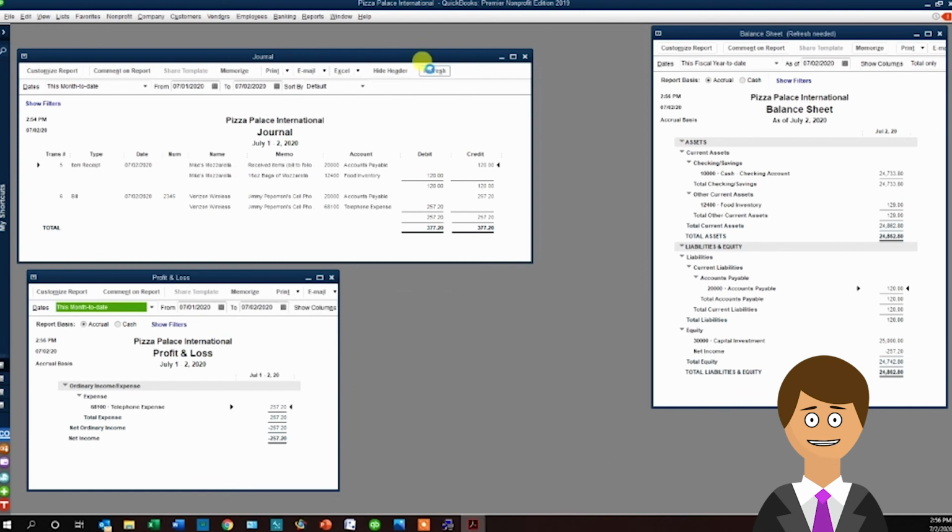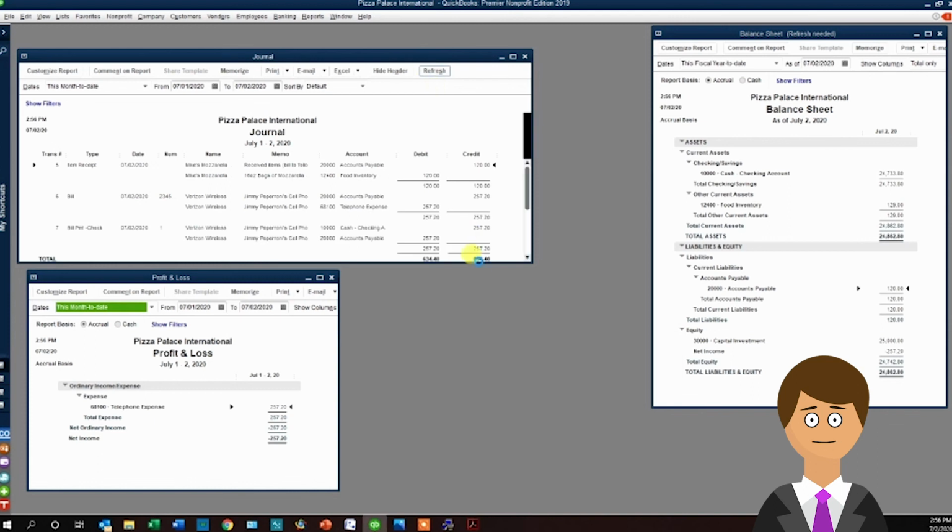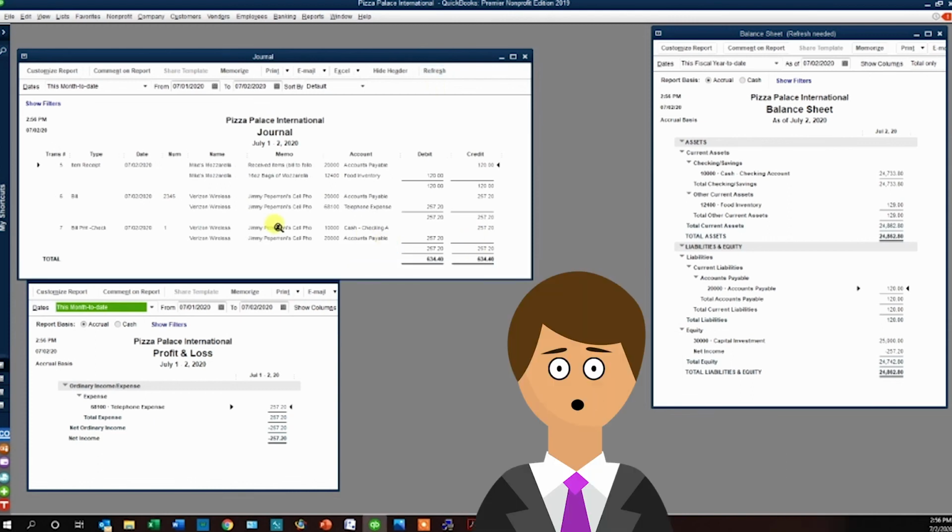Our journal entry should refresh, and we see the paid check to Verizon for Jimmy Pepperoni's cell phone, and our balance sheet has stayed the same, our income statement has stayed the same, but we've now paid that check, reducing our cash and reducing our accounts payable. I hope that gives you an overview of accounts payable, and now you can see the systematic way it works through a system like QuickBooks.